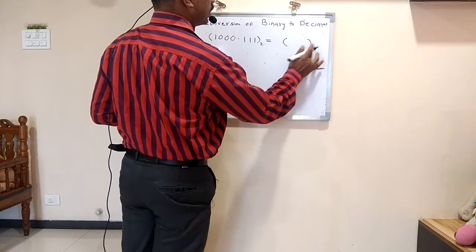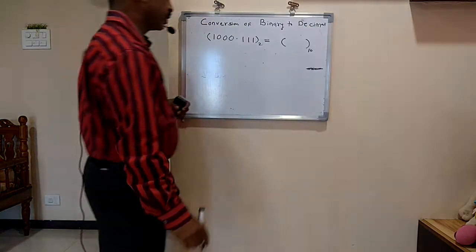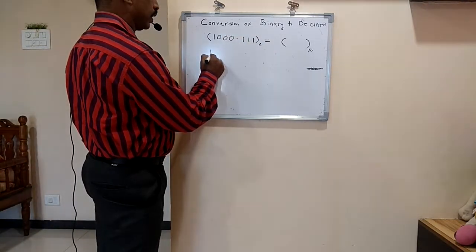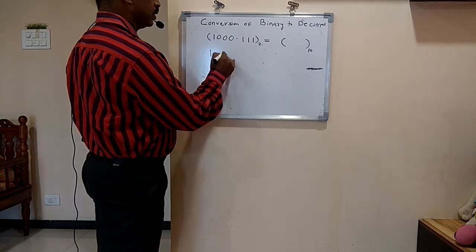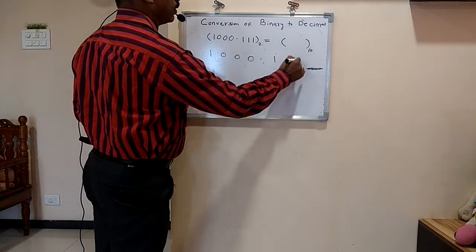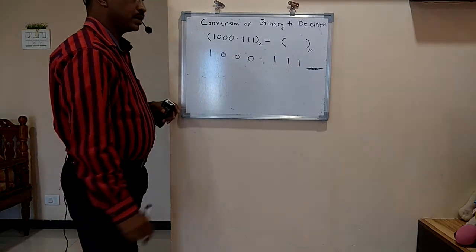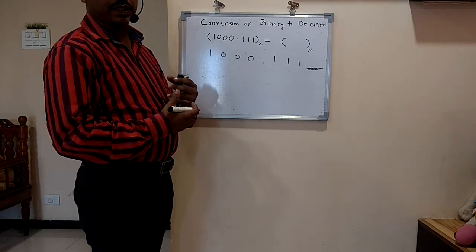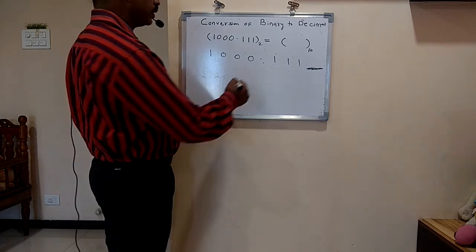So this is our decimal fraction. Now first step, write the binary number. So the binary number is 1000.111. Next, write down the binary weight. Every time we should be careful while writing the binary weight.